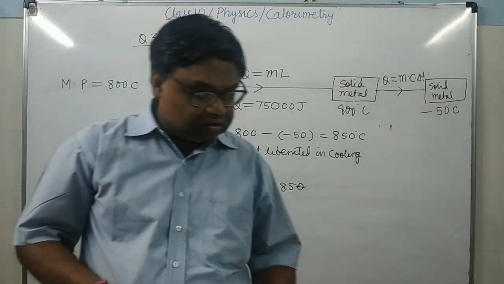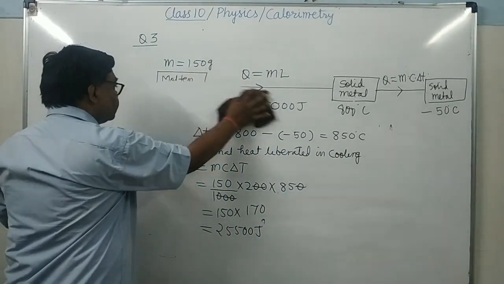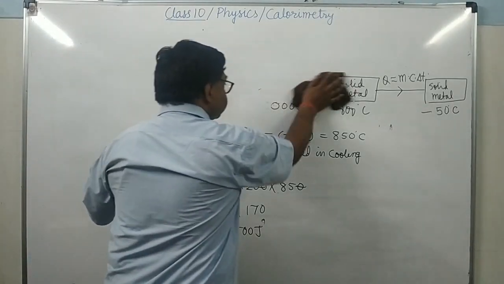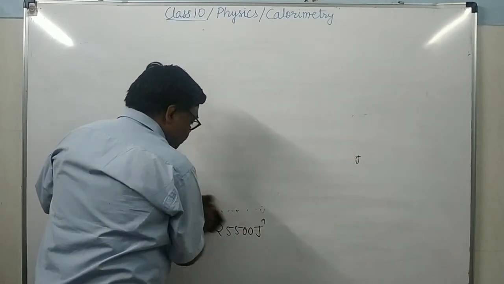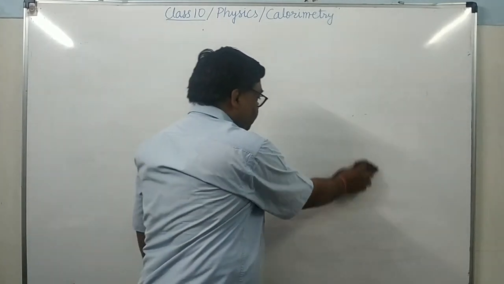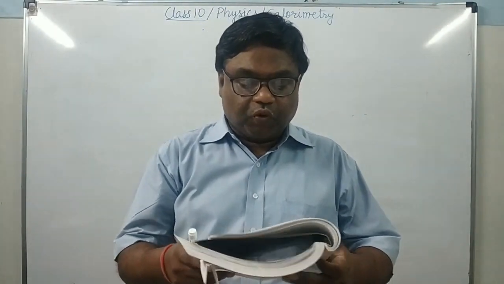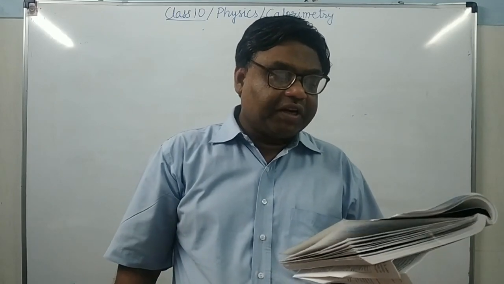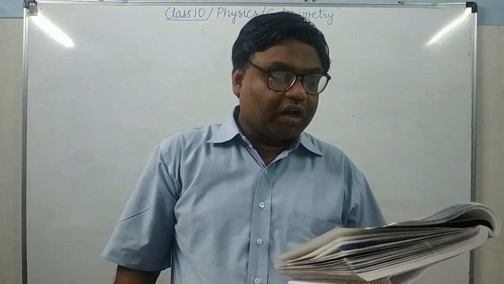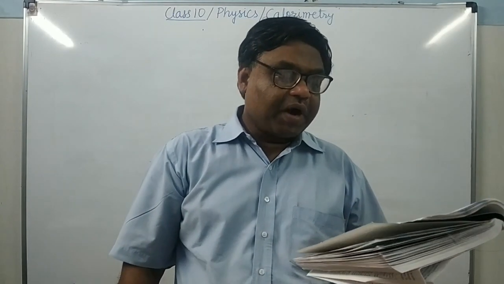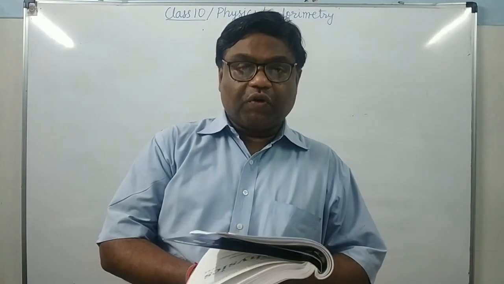Now after this, question number 4. A solid metal of mass 150 gram melts at its melting point of 800 degrees Celsius by providing heat at the rate of 100 watt.